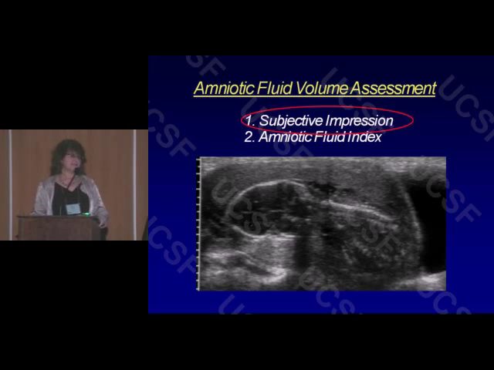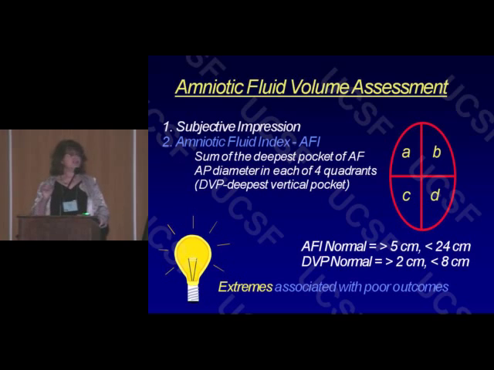So subjective assessment is quite good. Then you can use the numeric values to corroborate your subjective assessment and also to convey to people who are reading your reports. So it's not like I make the diagnosis on the number, I use the number for communication. The numbers you can use are amniotic fluid index, which is the sum of the deepest pocket in all four quadrants.